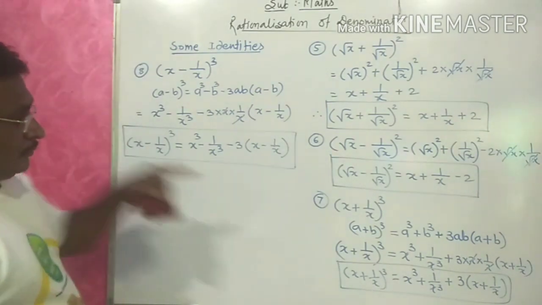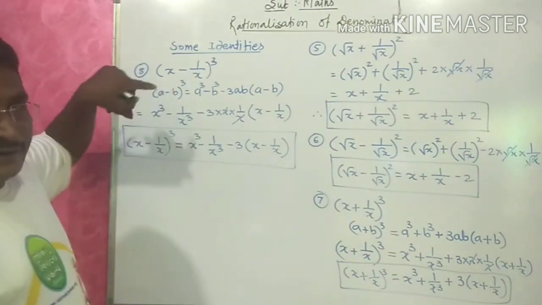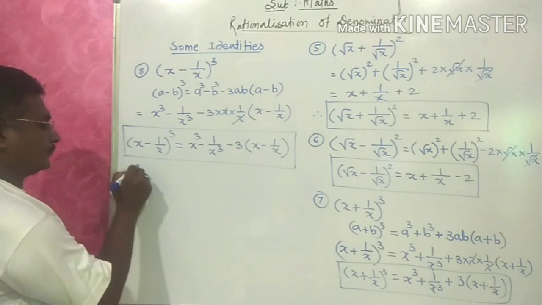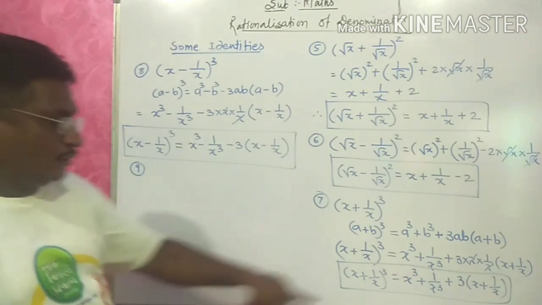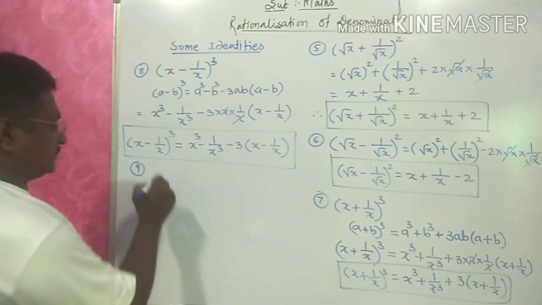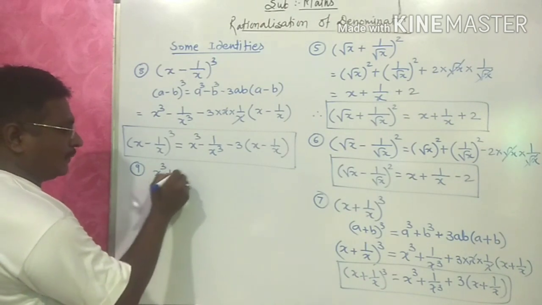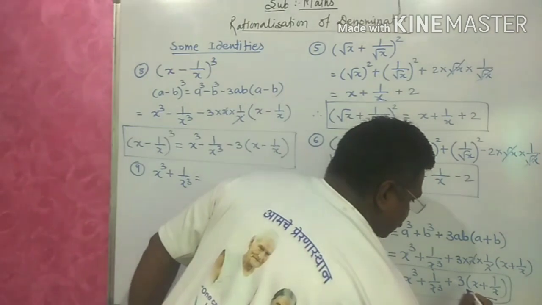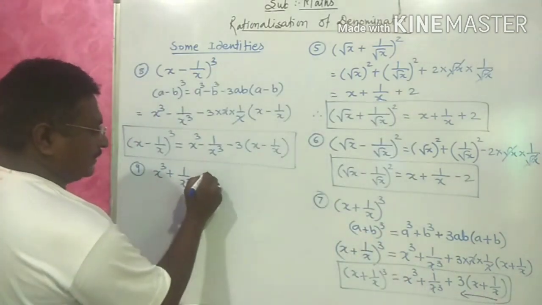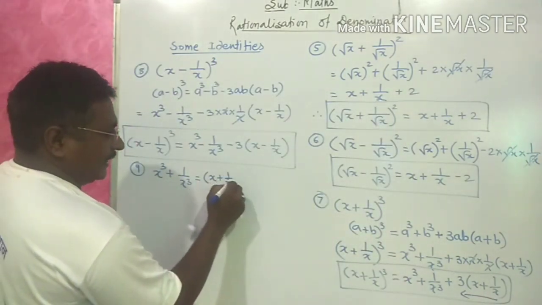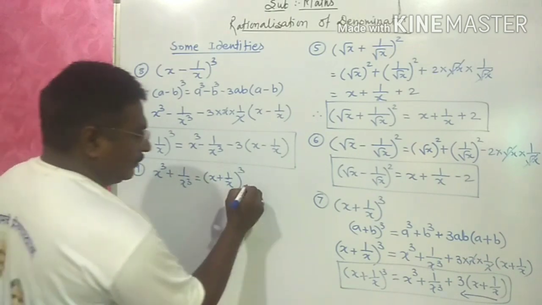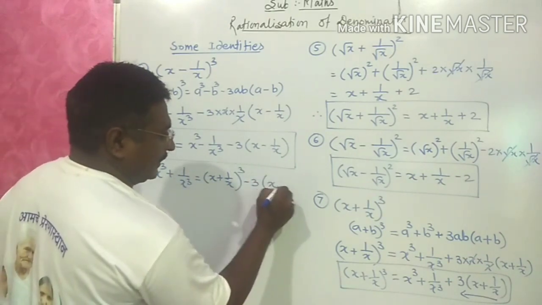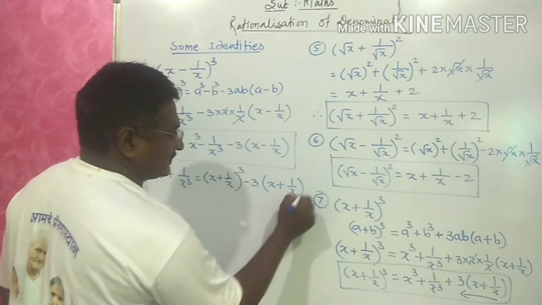Now, by using the 7th and 8th identity, x cube plus 1 by x cube, this term has to transfer. So what will we get? x plus 1 by x whole cube minus 3 into x plus 1 by x.